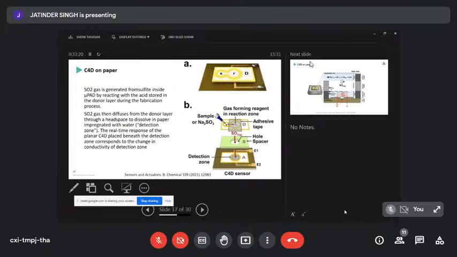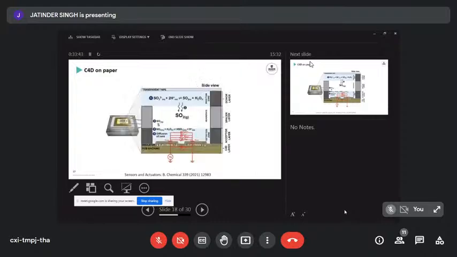And what they did is they wanted to measure SO2, which was generated from sulfide in food, reacted with some acids, and a gas is formed. The gas penetrated the gas permeable layer to then be wetted in some water again. And then the increase in conductivity could be measured by the C4D detector. The chemical scheme is a little bit more clear in this slide.